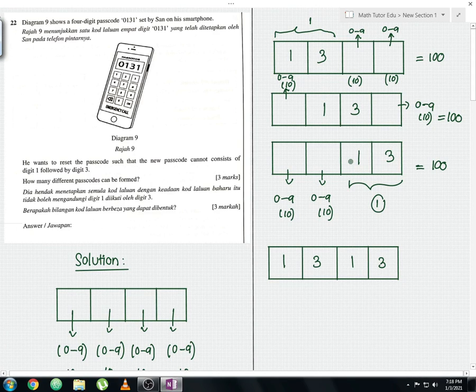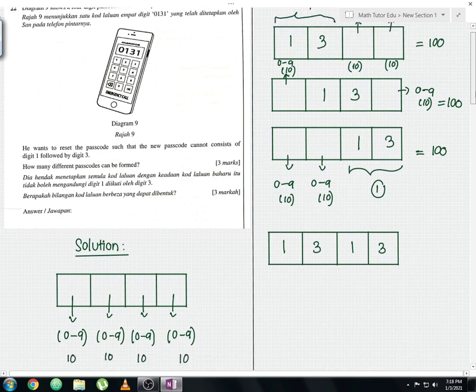At some point you will encounter that the 1, 3 and 1, 3 will repeat itself. I hope you understand, guys, because in case 1 and case 3, these possibilities can occur. So in order for this not to happen again, you need to minus 1 in the calculations, because you tend to have 2 repetitions. You will repeat this number 2 times. So that is the reason why you need to minus by 1.